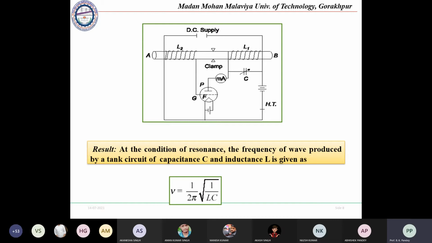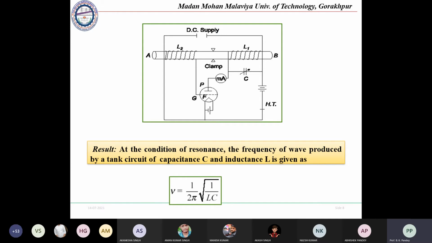So what happened actually, when the current starts to flow in the tank circuit L1, you can say that the C is charged there. Then after the full charge, it discharges through L1 and hence the oscillations are built up in the L1 circuit.